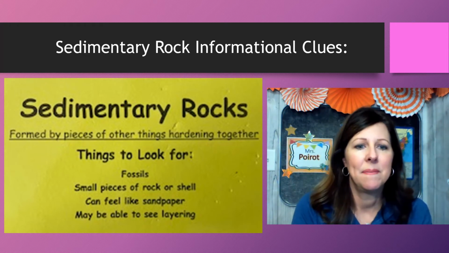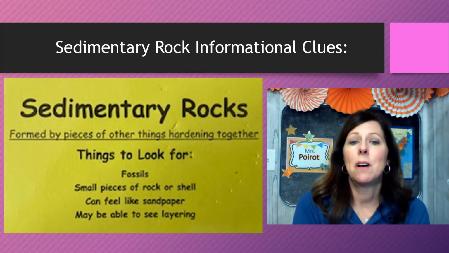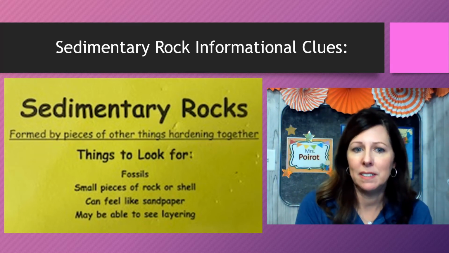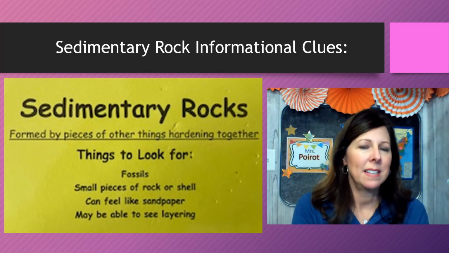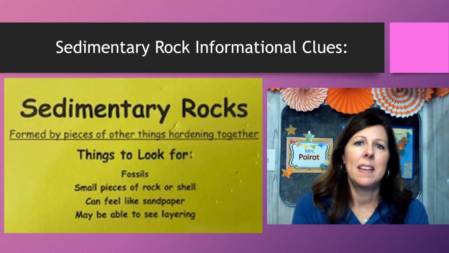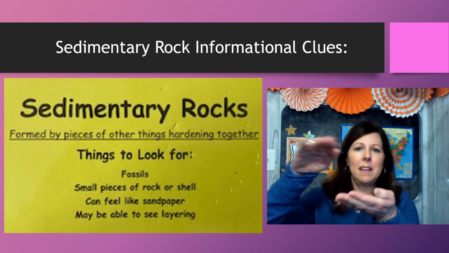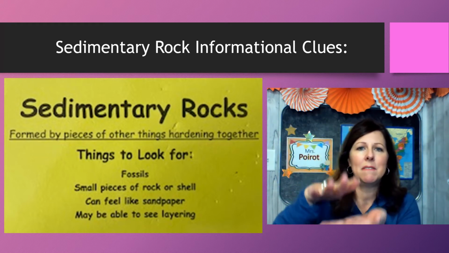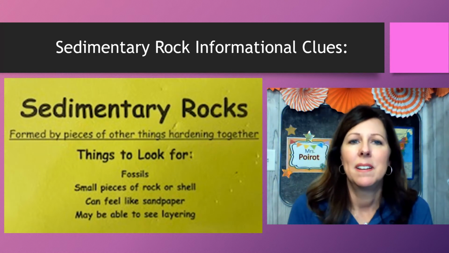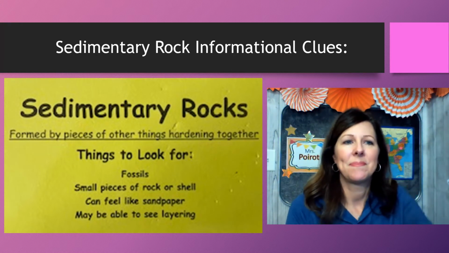We might see some small pieces of rocks or shells in there. It's very rough, and it can almost feel like sandpaper. And you may be able to see some layering in these rocks because of the different layers of sediment that have been compressed through the pressure.